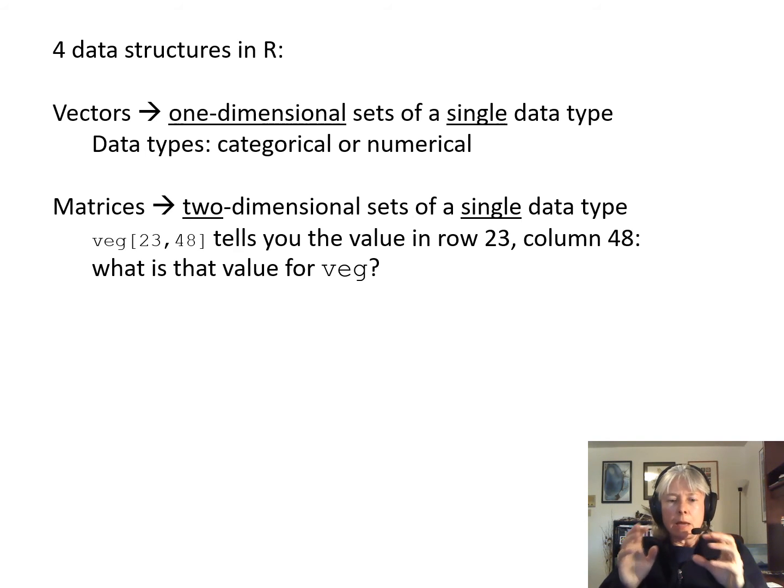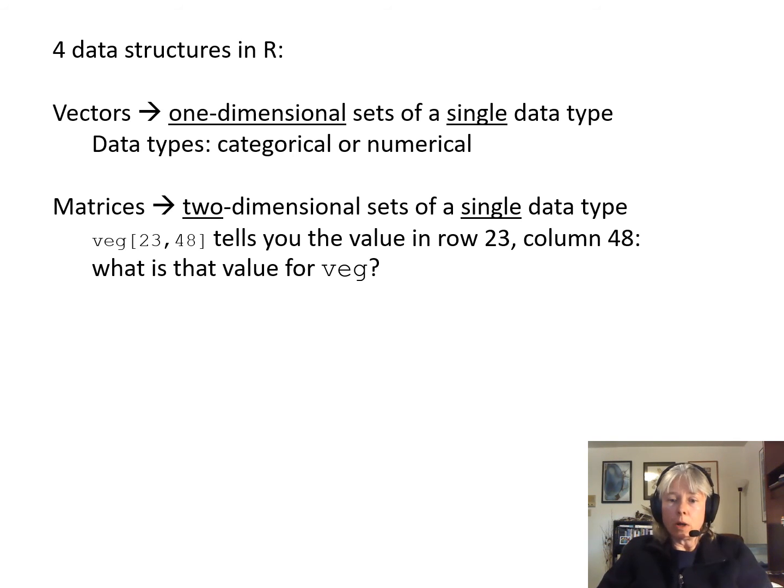With a matrix, you can query it by saying the matrix name, so veg, for example, that we just created, read in from bryceveg.R. If we want to know what's in row 23, column 48, and that's the order, row, column, then you just type that into R and hit enter or run up in the corner, and it will return the value of that cell in your data matrix.